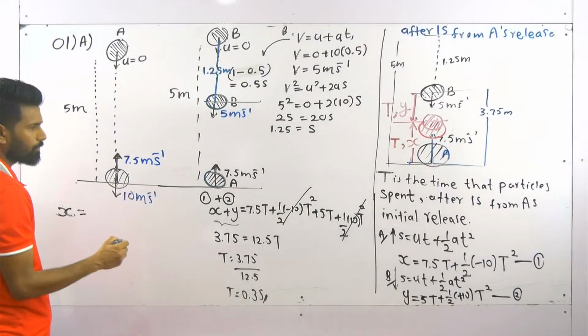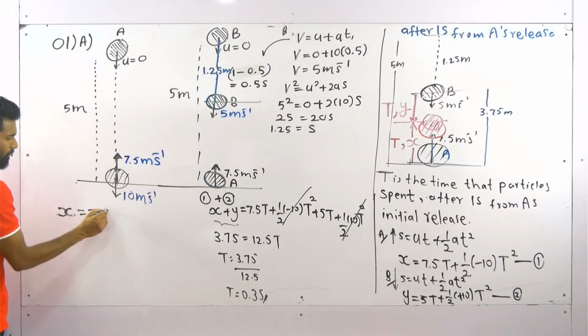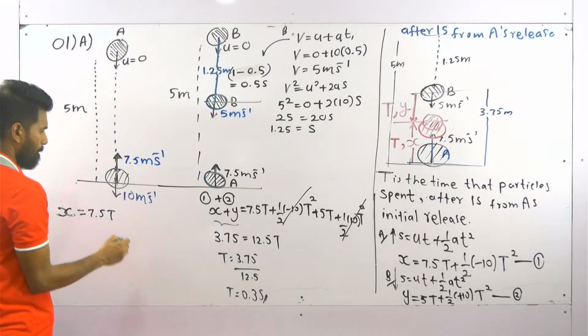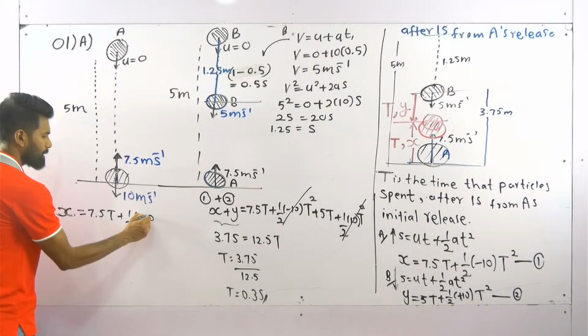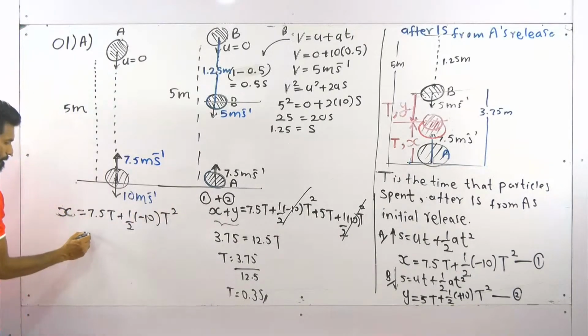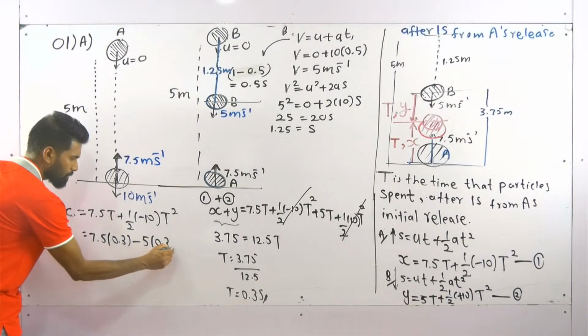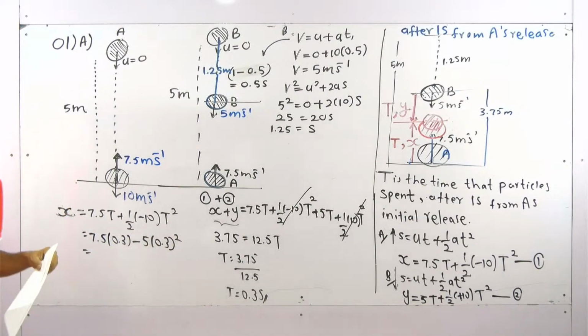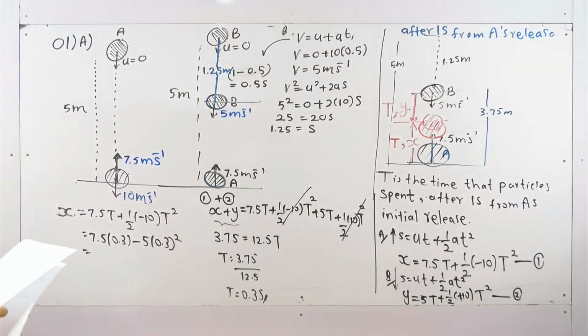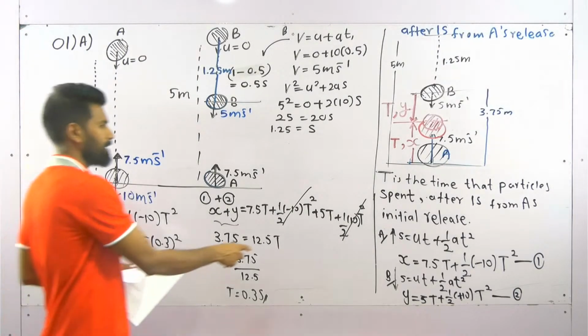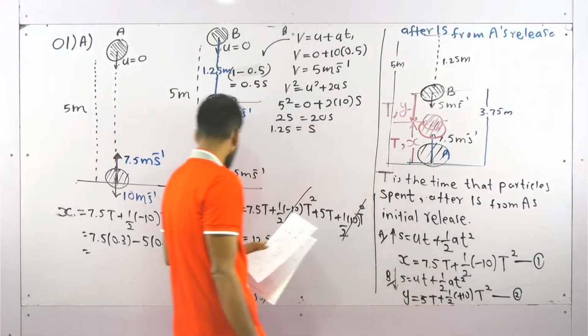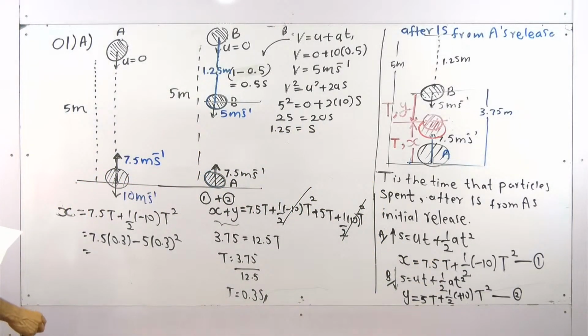X is equal to 7.5t plus half minus 10 t square. 7.5 into 0.3 minus 5 into 0.3 square. Here I am substituting the capital T value to this place. 7.5 into 0.3 minus 5 into 0.3 square, and I will give you the answer.